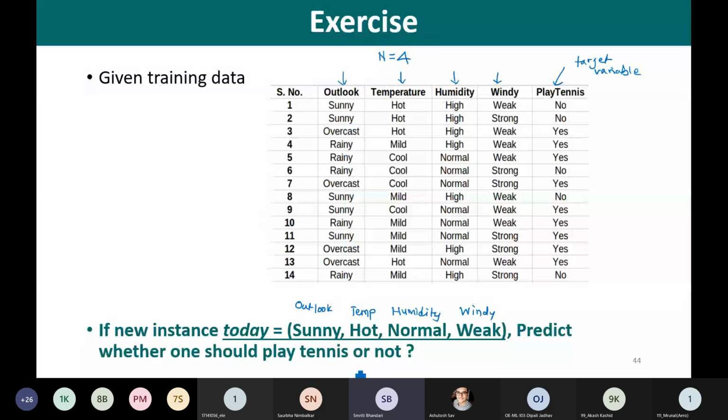So this is the problem that we would like to solve, right? And we have been provided with the training data with 4 attributes, and the target variable is play tennis, right?